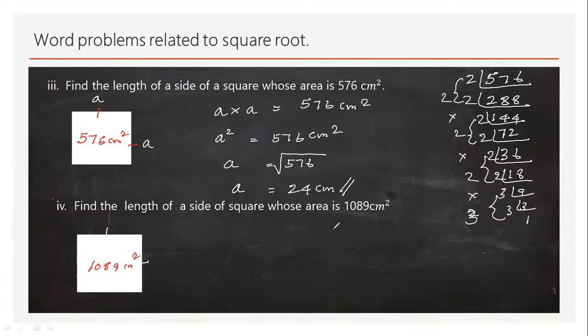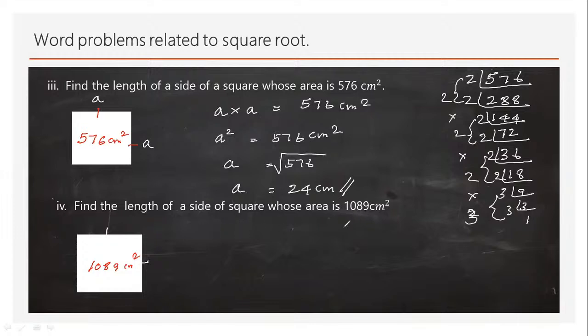Just remember that you can follow the mental method here, because 30 into 30 is 900, right? Then here the last digit is 9. To get 9, that square root should definitely be greater than 30. 30 times 30 is 900, and this is 1089, so definitely greater than 30.